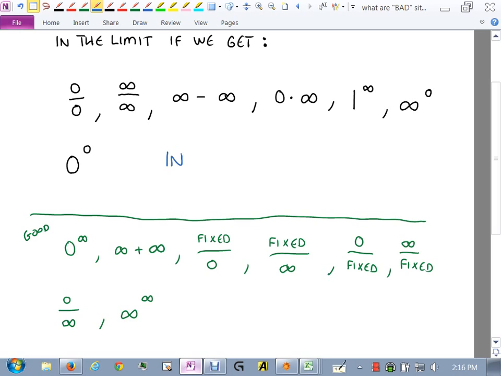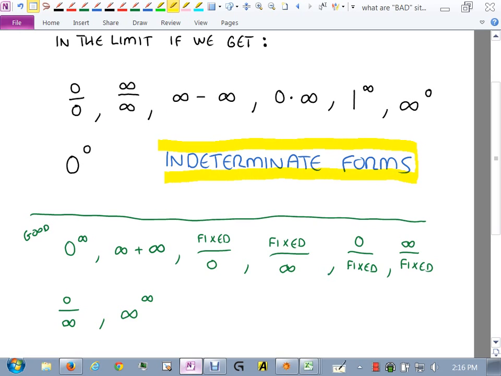Okay, these are called the indeterminate forms. So if we are ever taking a limit and we get one of these situations, we cannot determine what the answer is easily, right?